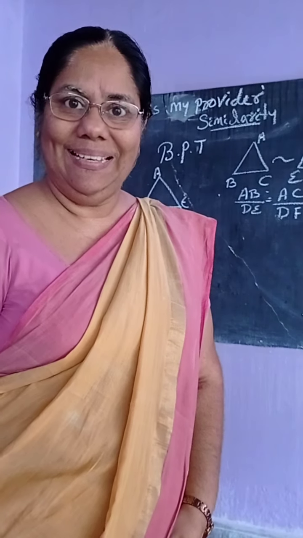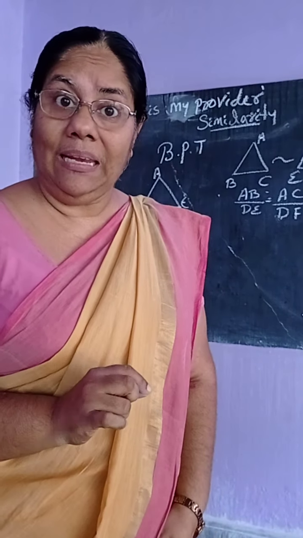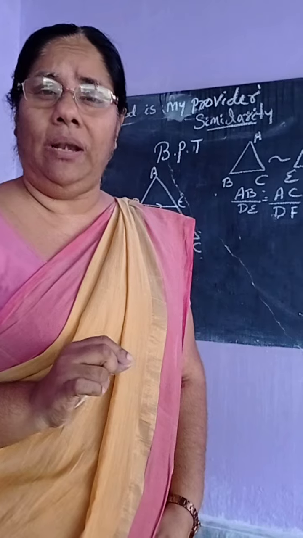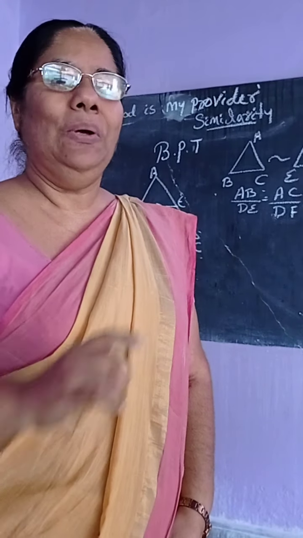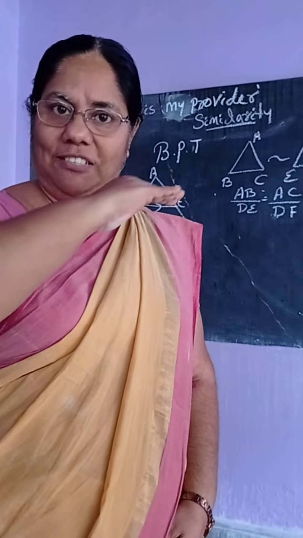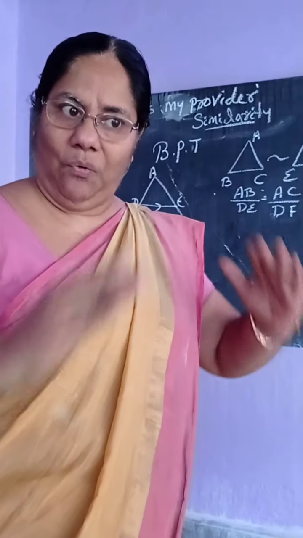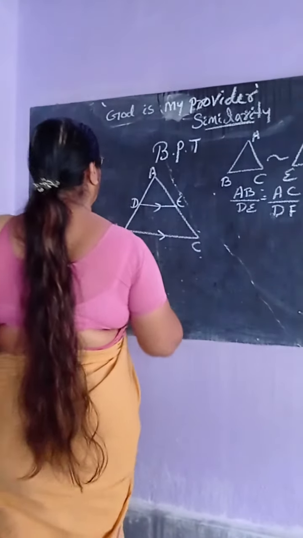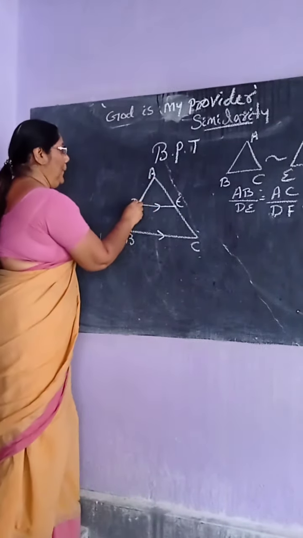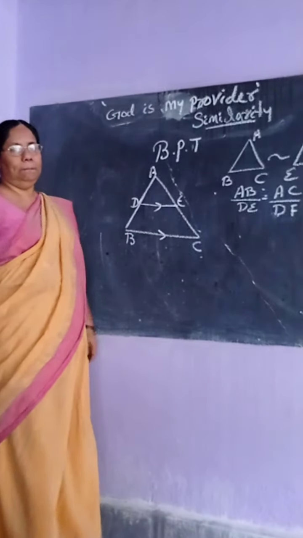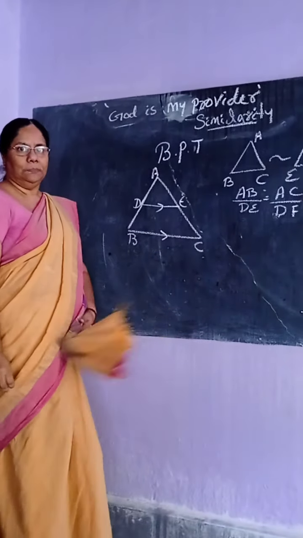Once again, if a line drawn parallel to one side of a triangle divides the other two sides proportionally. I will explain it.